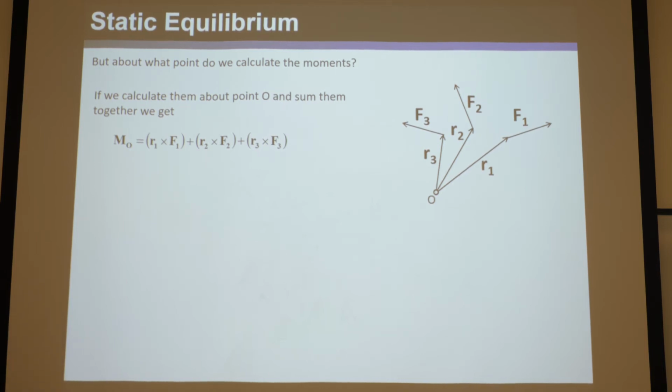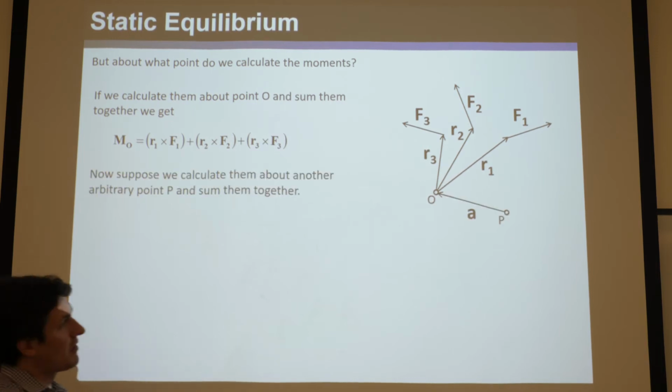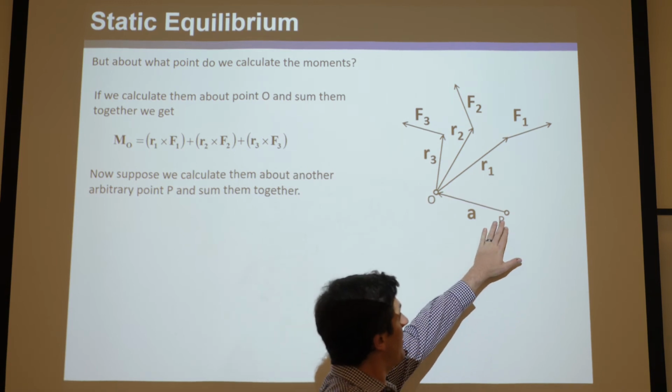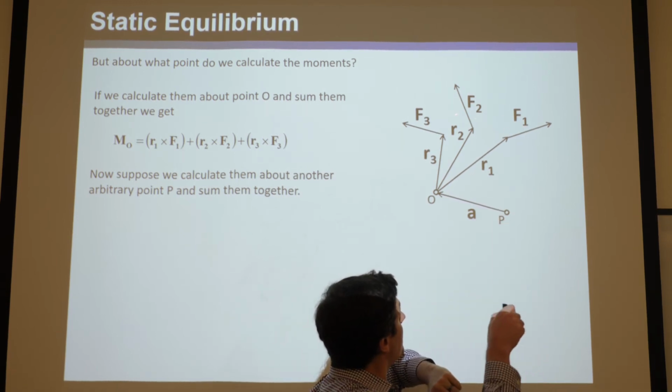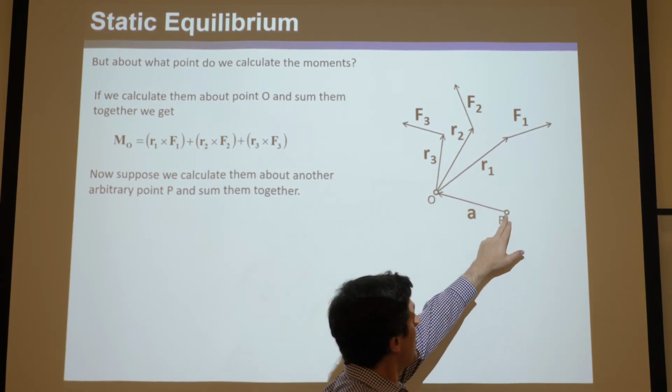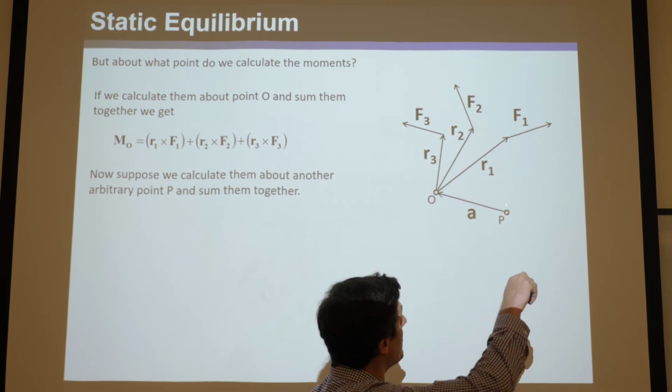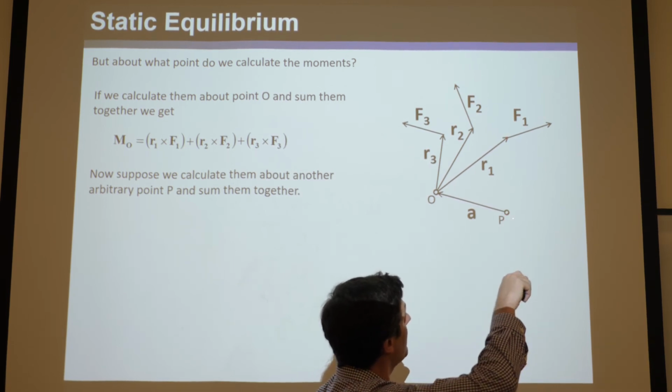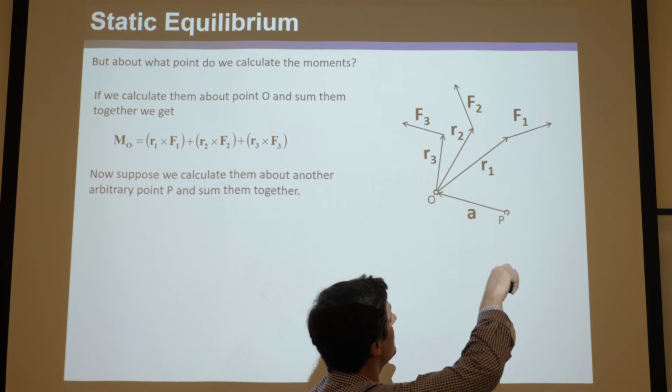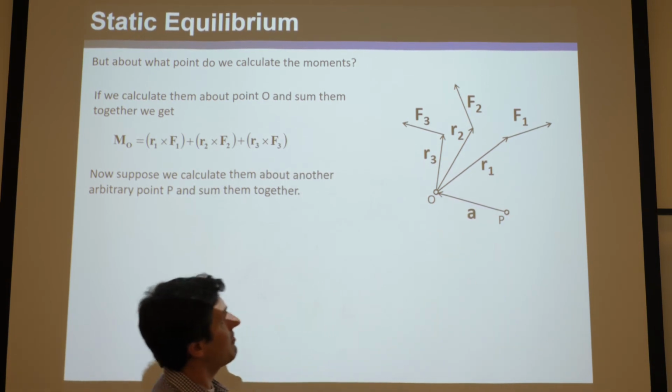And then you think, well, let's try and take the moment about a different point, say point P. Well, if we try to take the moment about point P as a result of these 3 forces on a body, you would take a vector that points from there to there and cross it with F1, a vector that points from there to there and cross it with F2, and there to cross with F3.